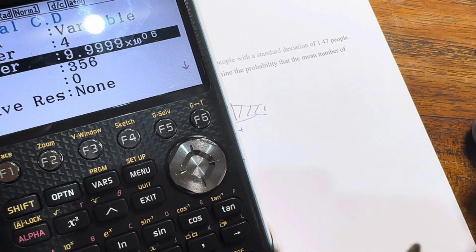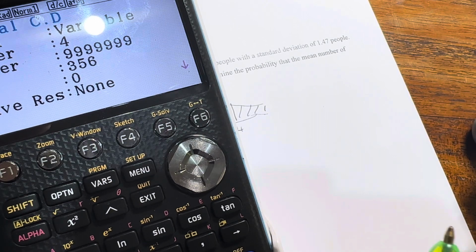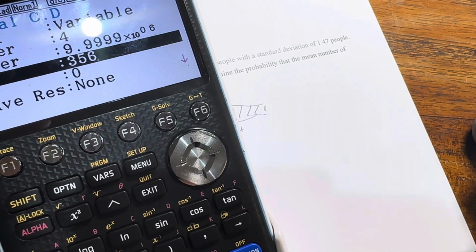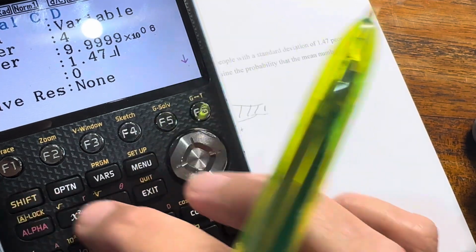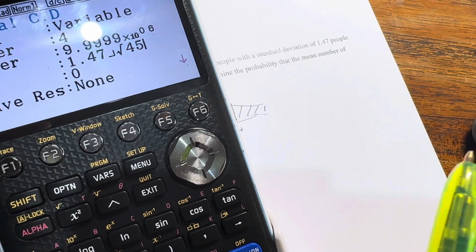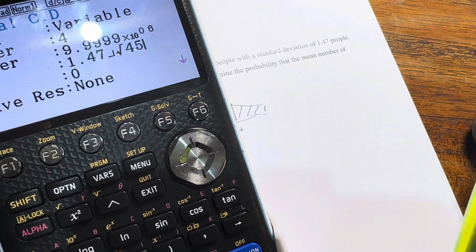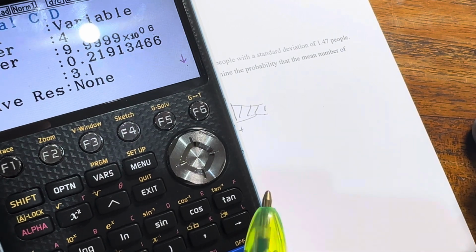My upper, just 99999, because it's going to be super big. My standard deviation is 1.47 divided by the square root of 45, because standard deviation over the square root of n. And my mean is 3.79.